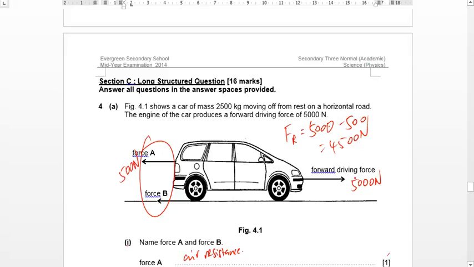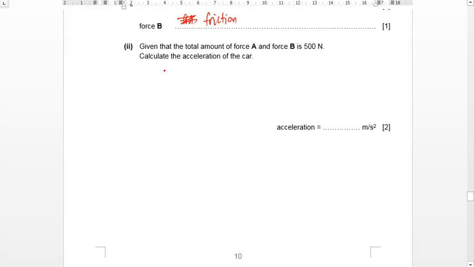The forward driving force, of course, is going to be greater than all your resistance. That's why you can accelerate forward. Okay, so keeping that in mind, now again, I'm going to ask Winnie, what is F-net equals to?